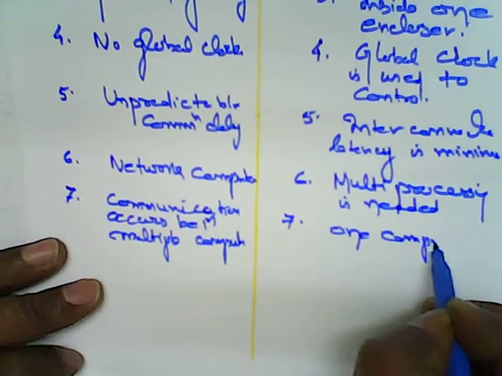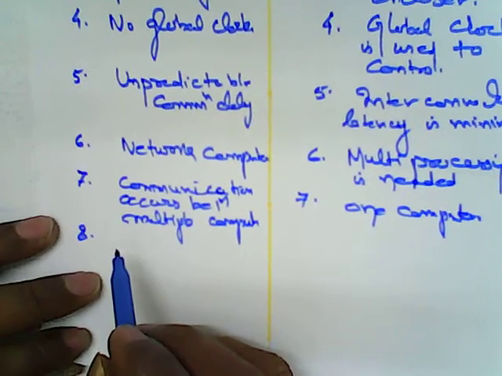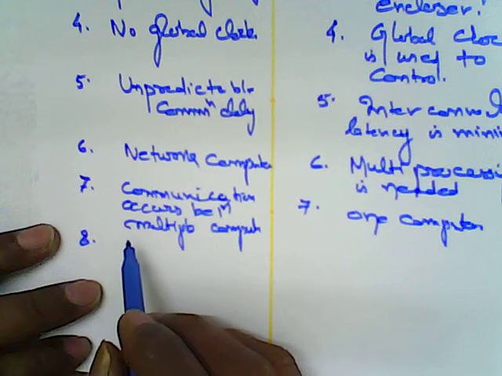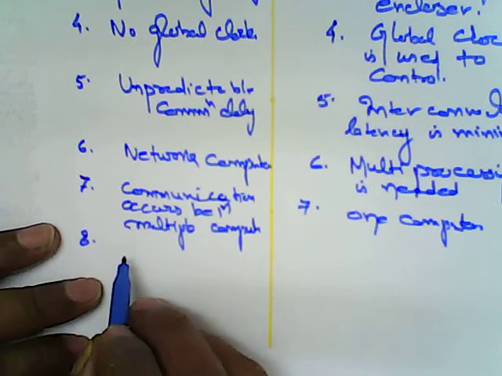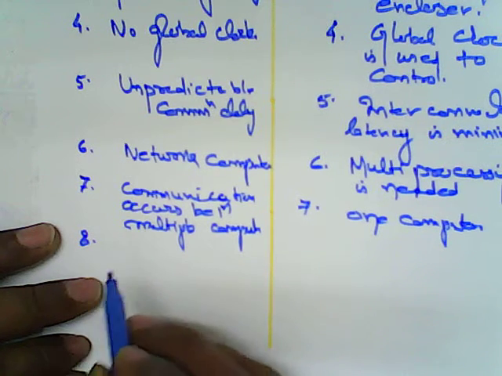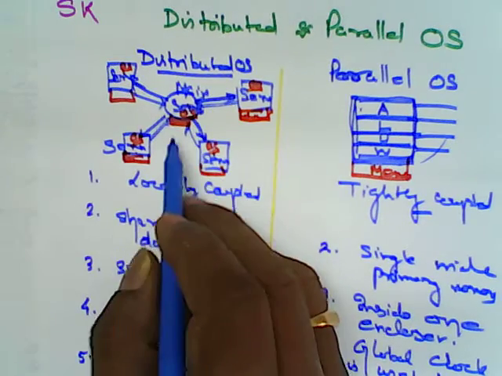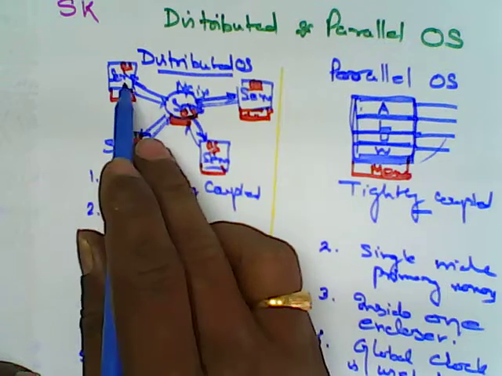Next we will see that communication has stability in the case of distributed systems. That means if one server fails, the other server will take care. So it increases stability and shares resources.